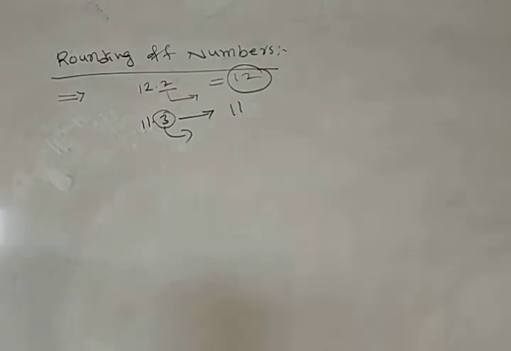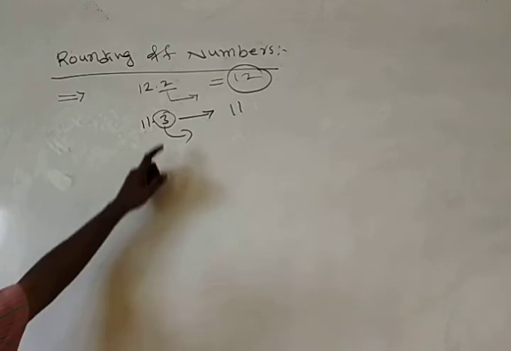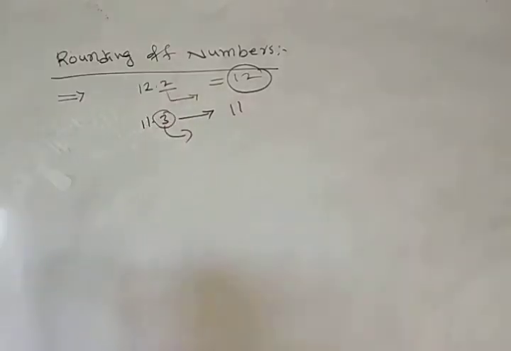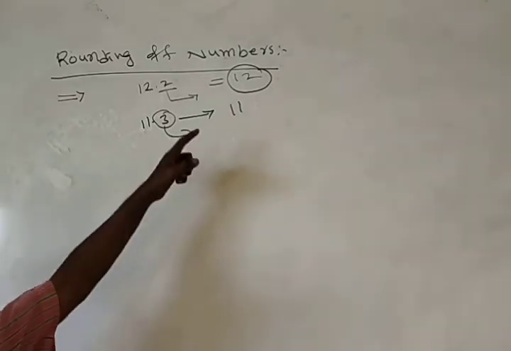This .3 and .2 we call the dropping number. If the dropping number is less than 5, then remove that and write the number as is.